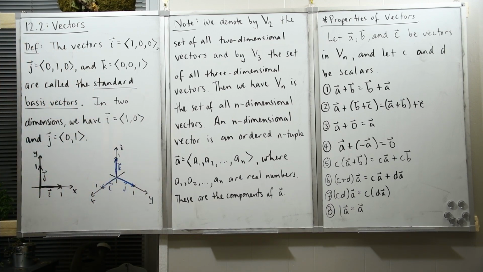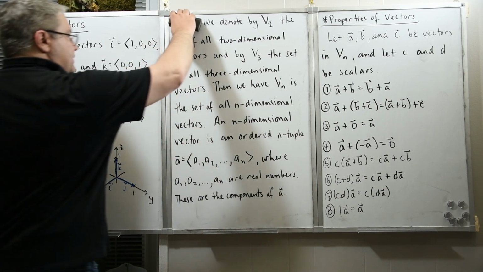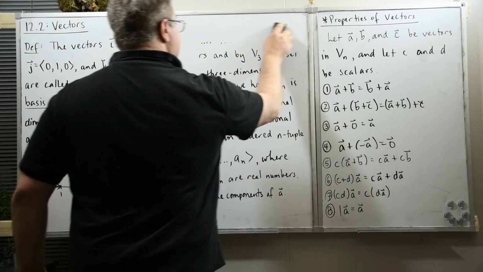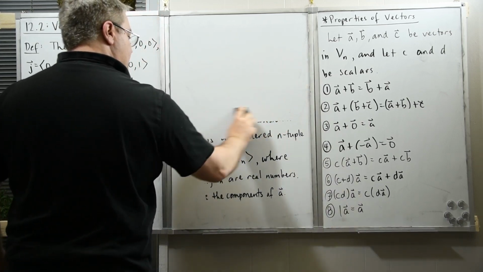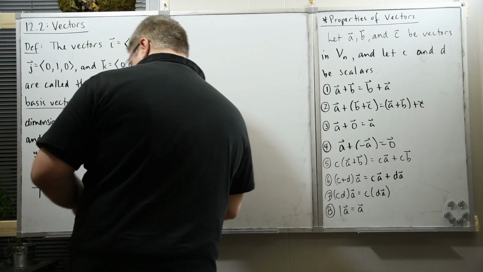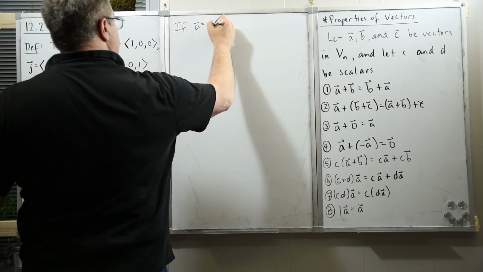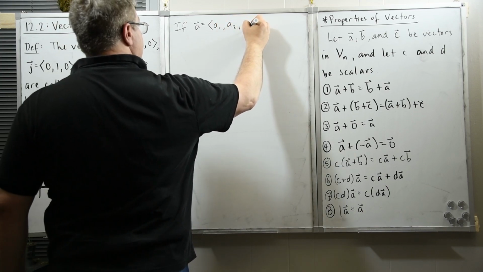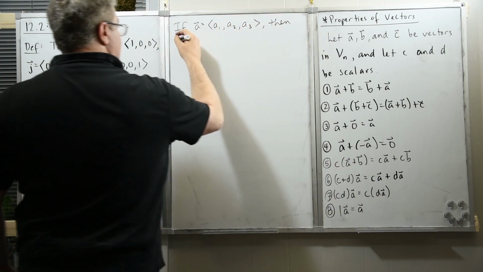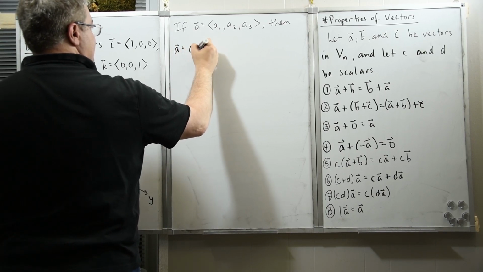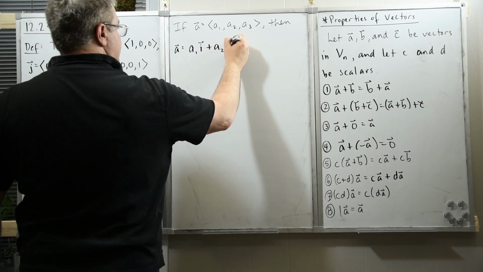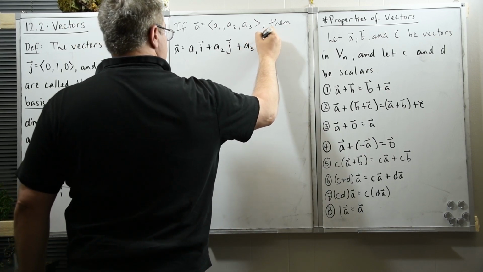And so once again, if we have any vector in 3-dimensional space, we'll be able to write it as something times I plus something times J plus something times K. And in fact, if we go back to our component form, if we have A with components A1, A2, and A3, then that means that A is the same thing as A1I plus A2J plus A3K.